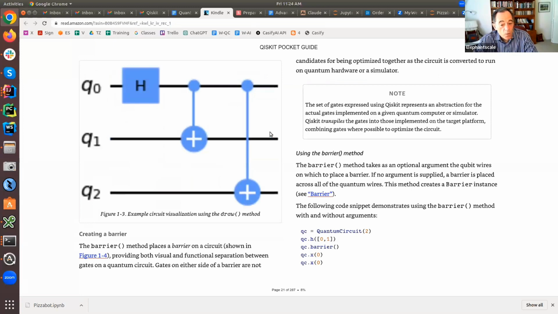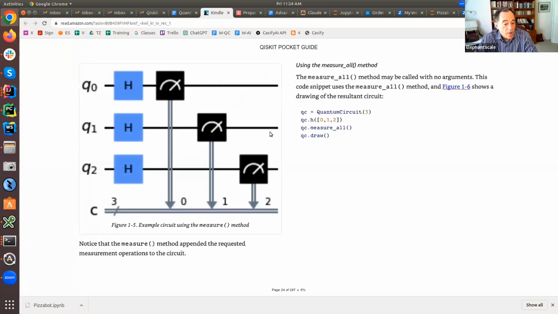So that will be somewhere right here. That's the measuring of the results. That is why you need regular bits in addition to qubits. So that was the take my qubit, do something to it, and then measure the result.